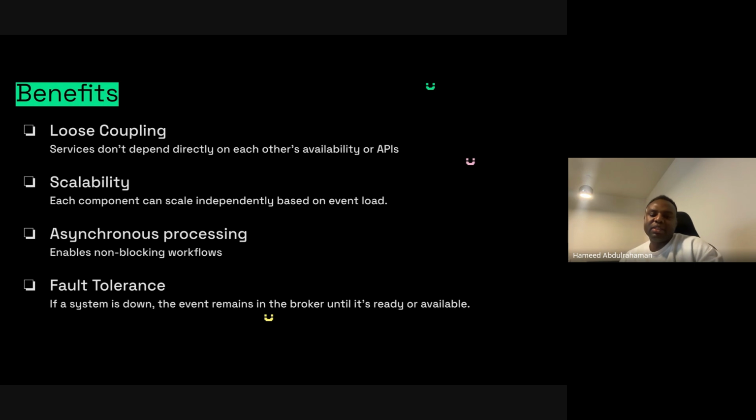Then scalability: each component can be scaled independently. I think I mentioned that. You can scale these components or services independently, horizontally.